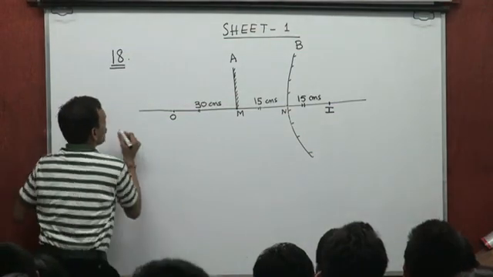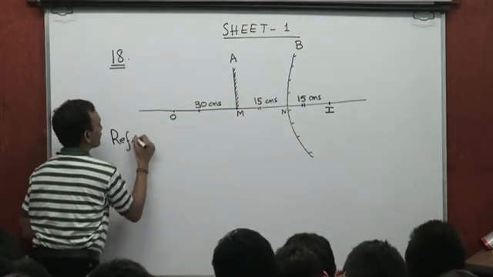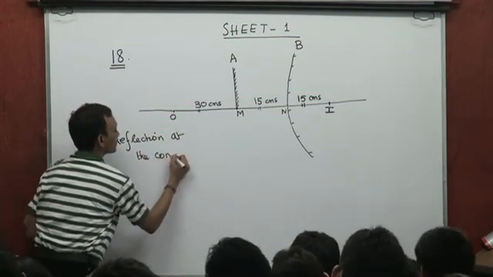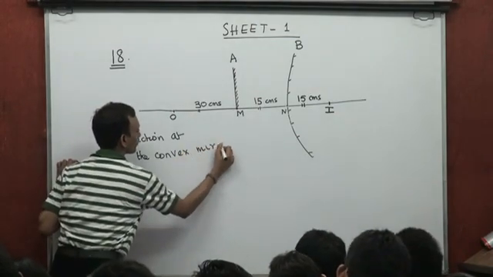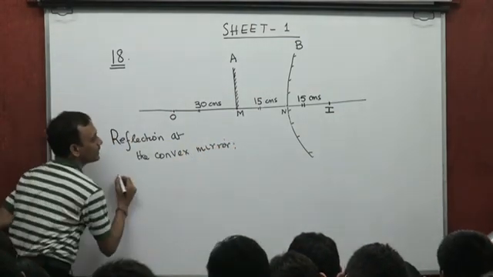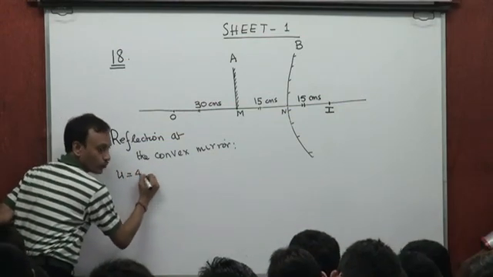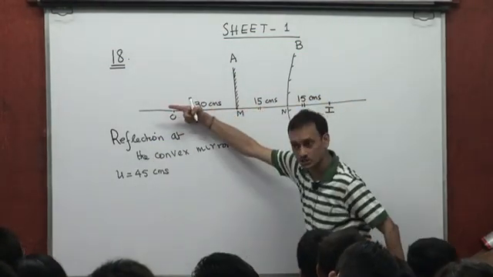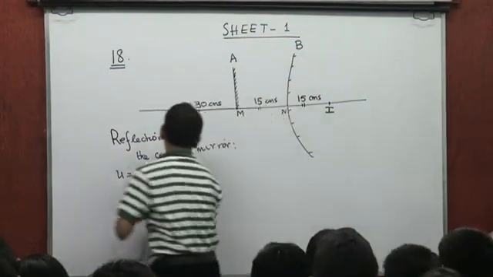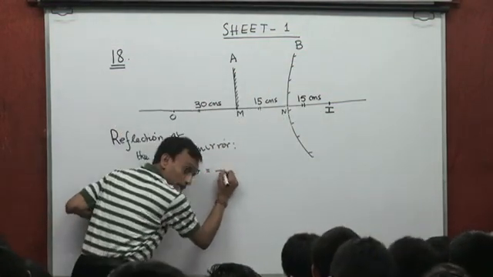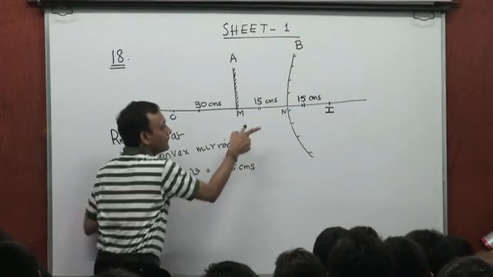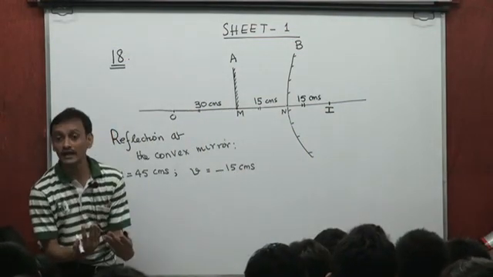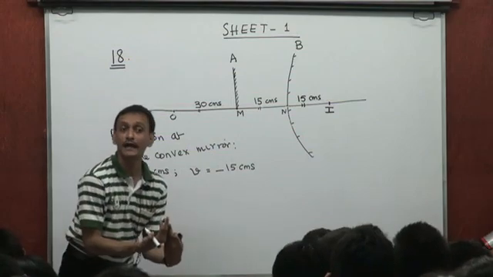So, for reflection at the convex mirror, the object distance is plus 45. Why? Because to locate the object, I ought to be moving opposite to the direction of the incident ray. The image distance V is minus 15 centimeters. Why? I'm moving in the direction of the incident ray. That will give me the focal length: 1 by V plus 1 by U equal to 1 by F for the mirror.